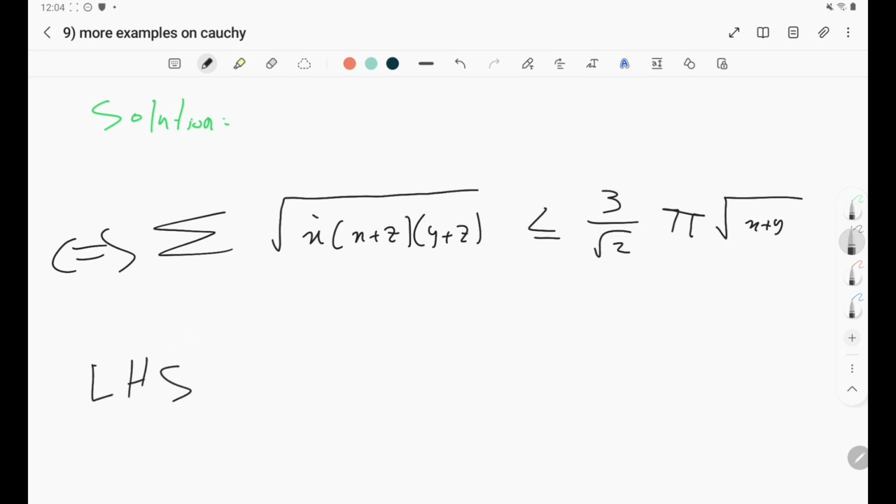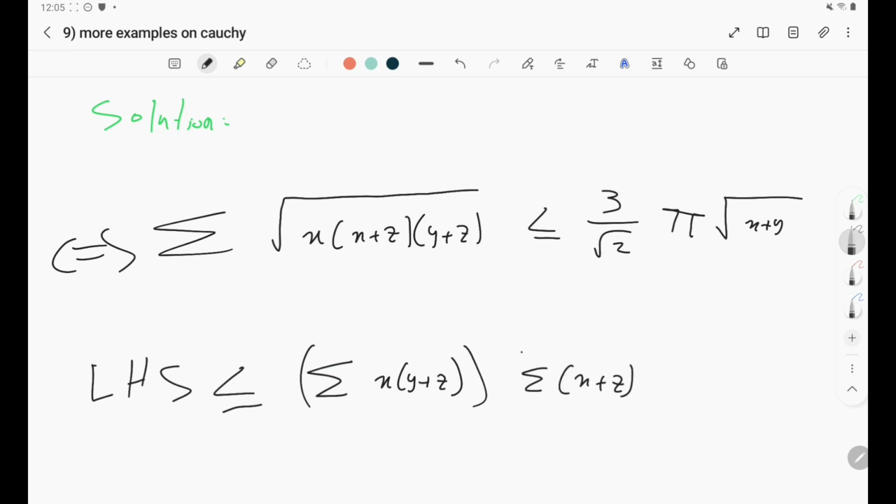And as we said, we're going to consider this thing as one number. So the LHS by Cauchy is less than sigma x times y plus z times sigma x plus z, of course all under the root.